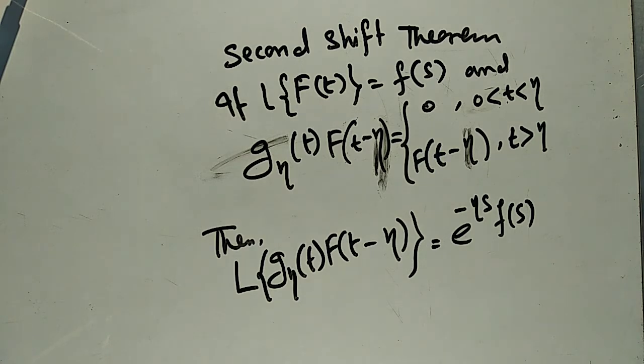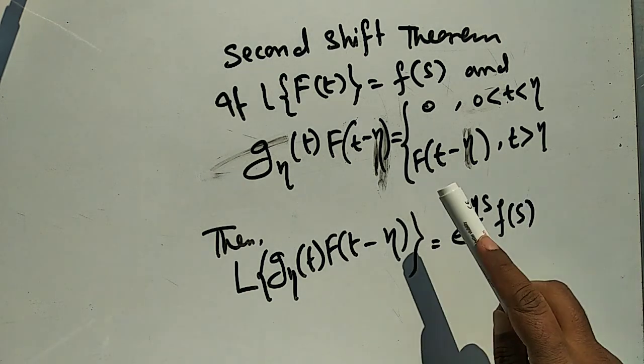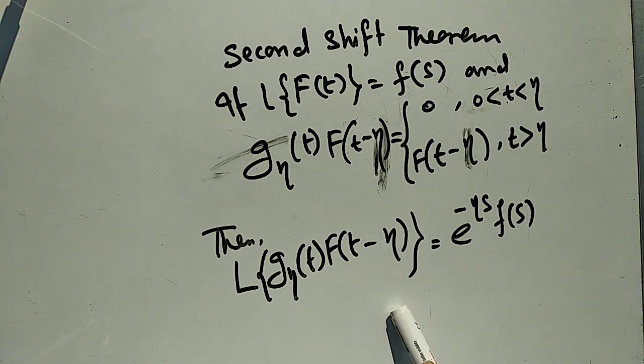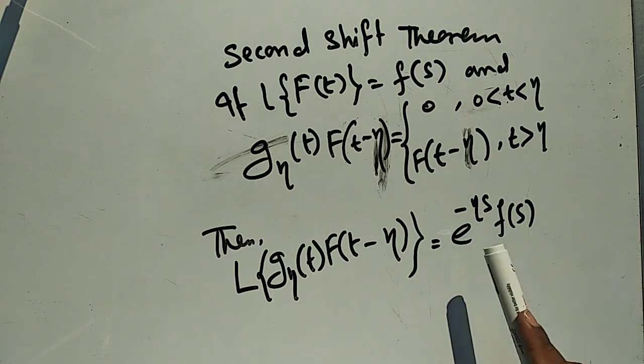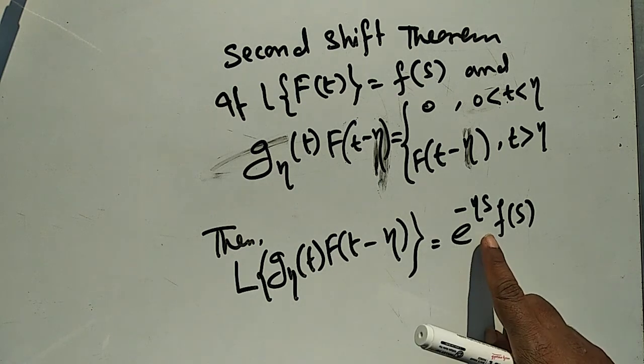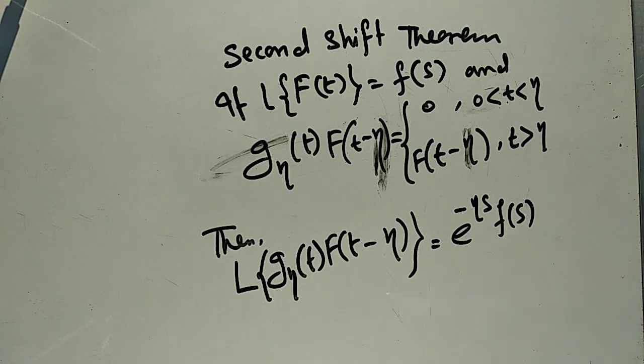So if L of f(t) is equal to F(s) and g_eta(t) f(t minus eta) is this translated function, then the Laplace transformation of the translated function is nothing but e to the power of minus eta s, meaning e to the power minus of the jump that we have taken, into F(s). Okay.